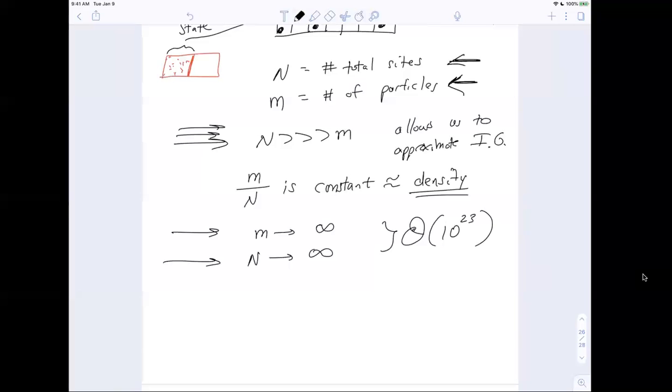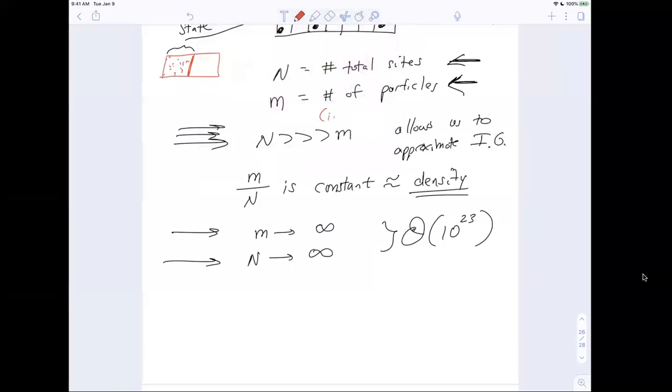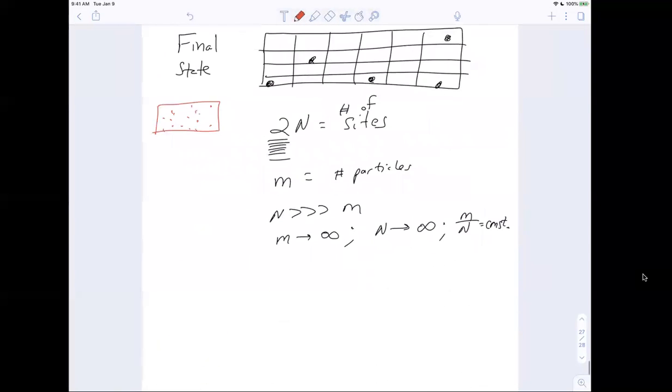And I'm going to now stipulate that these are indistinguishable. So you can't tell one particle from another. They're indistinguishable, so they're not labeled. You can't tell this particle from this particle. They're all the same.